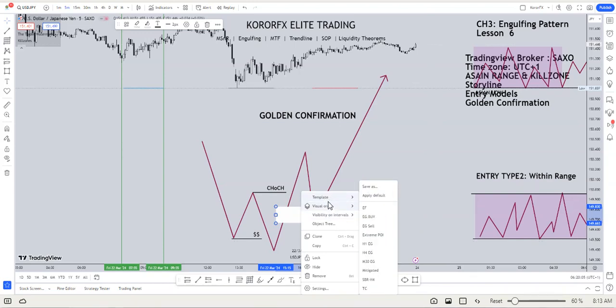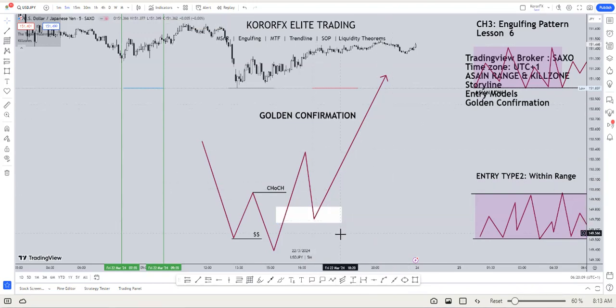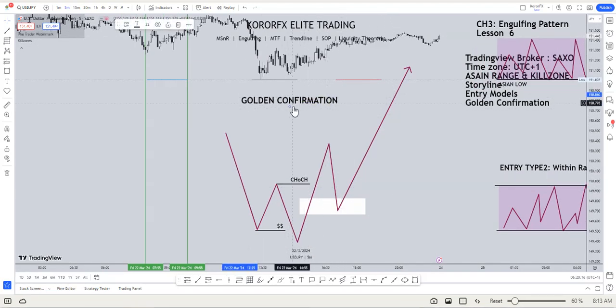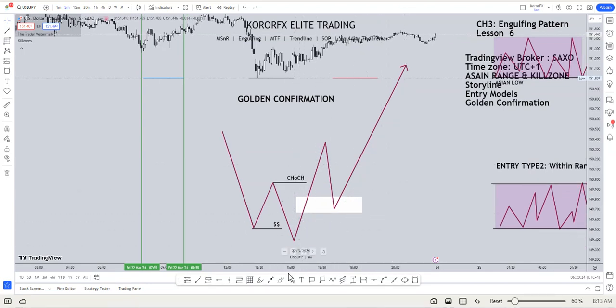But I'm not using that concept, and I'm not waiting for all this information. So the golden confirmation is not all about this, but I want to give you the reason why I use it. Sometimes you see price sweeps a low, or it may not even sweep a low.